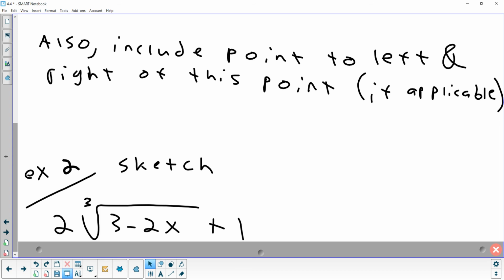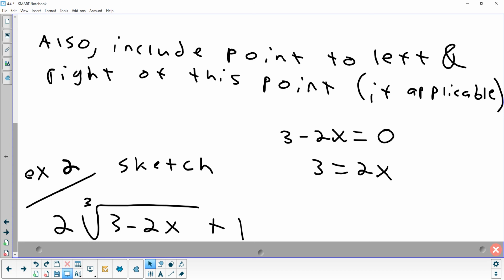Okay. First thing I need to do is find the center. So I take my radicand, and what am I supposed to set it equal to, to find the new x value of my center? Yep, 0. You're going to set it equal to 0. So I just added the 2x to both sides.